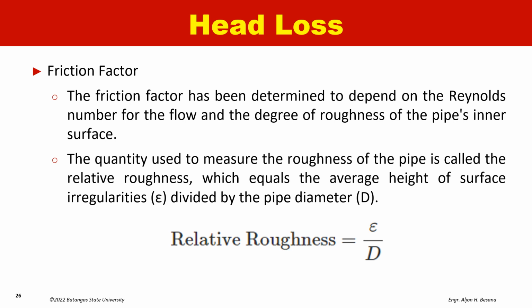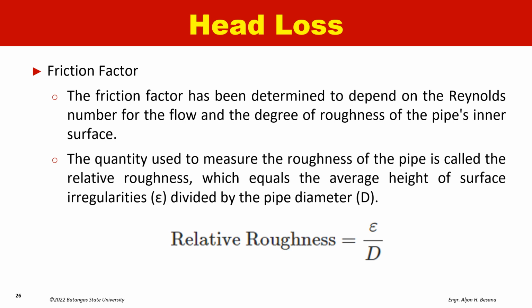While the friction factor has been determined to depend on the Reynolds number for the flow and the degree of roughness of the pipe's inner surface. So the friction factor is something to be obtained from one of our graphs, dependent on the flow or the Reynolds number provided in the given system.